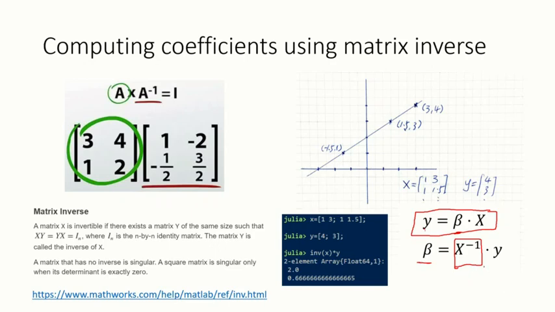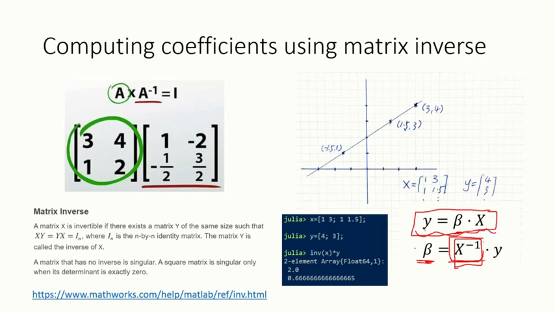That's true, but because x is a matrix, it's not just division by a single number. What you have to compute is the inverse of that X matrix. Then if you know how to compute the inverse of X, you multiply it by y, and you get beta directly.